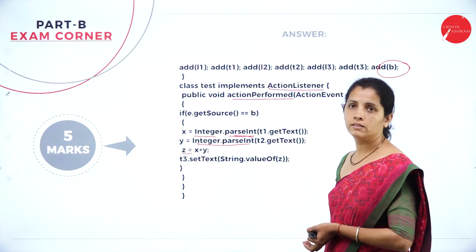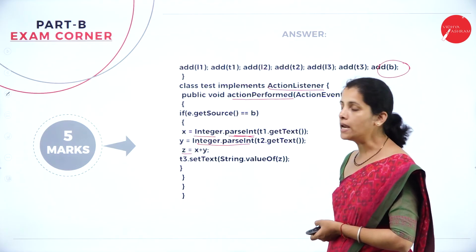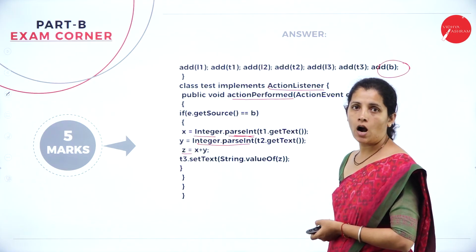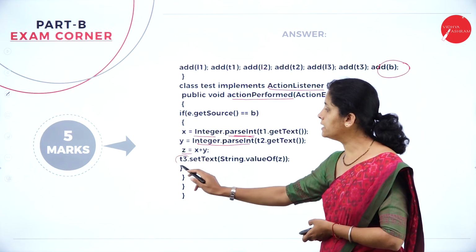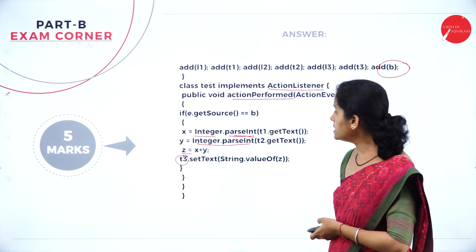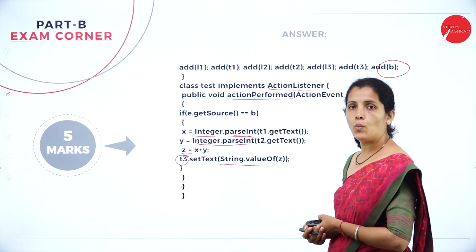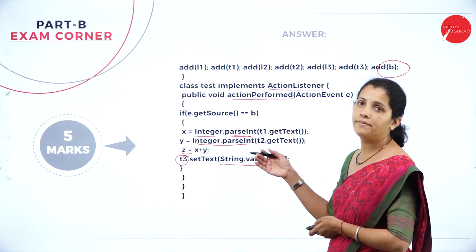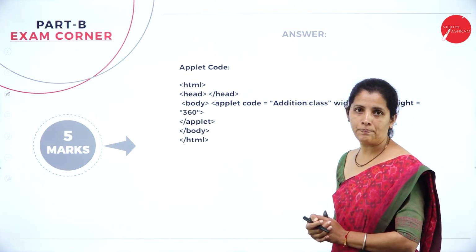Now add, that is x plus y. After adding, where do I want to display the output? In my text box 3. That is T3.setText, and I'm going to display the value. Okay, this is the way I can write the applet program.